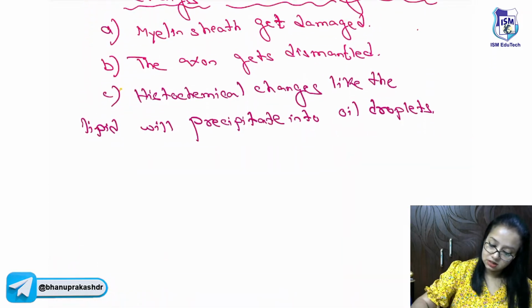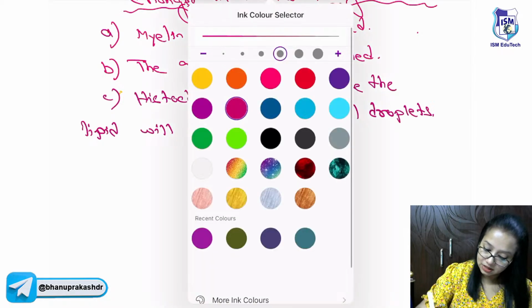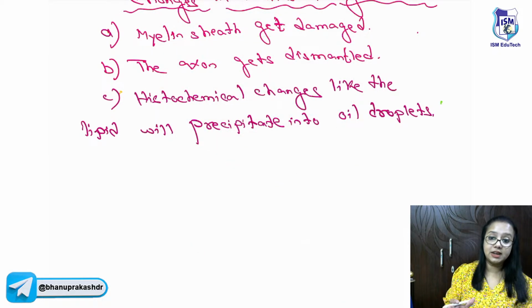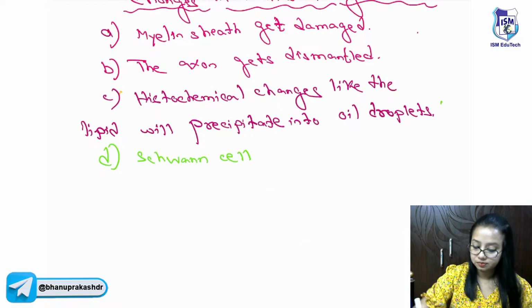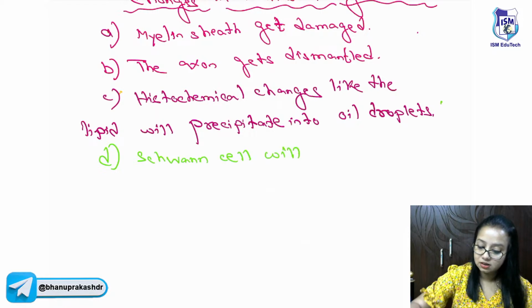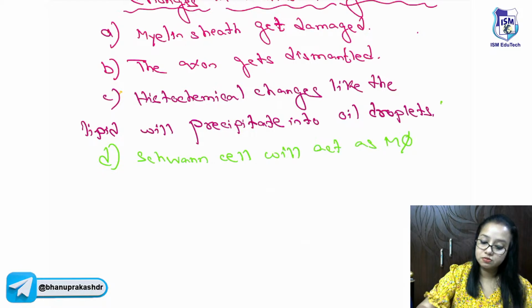Next, the Schwann cell that laid the myelin sheath, right? Because it's a myelinated sheath. The Schwann cell will act as macrophages.